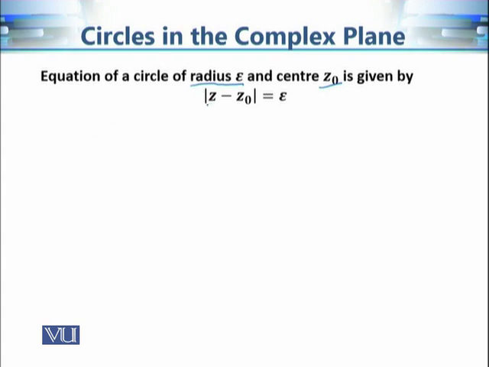This equation says: find all complex numbers z such that the distance of z from z0 is equal to epsilon. All such z will form a circle in the complex plane, and the center of this circle is z0 and the radius is epsilon.